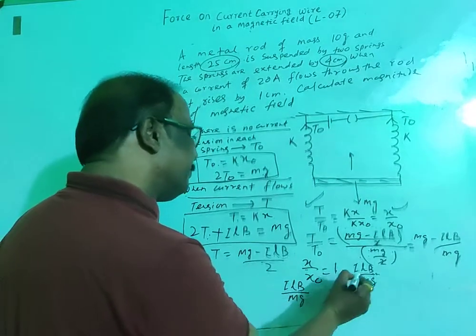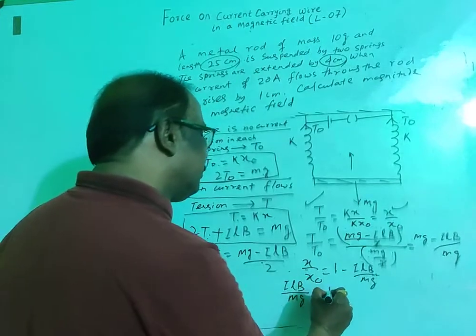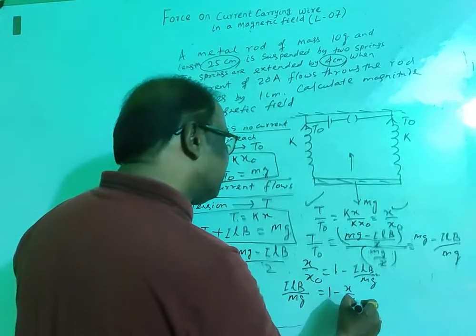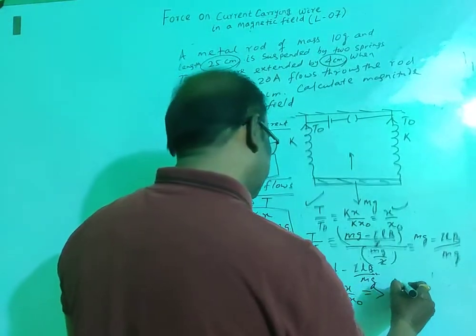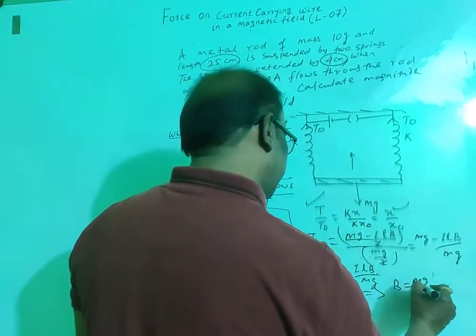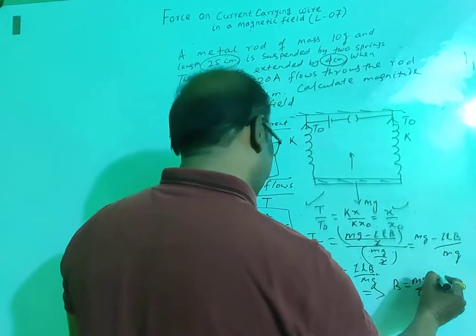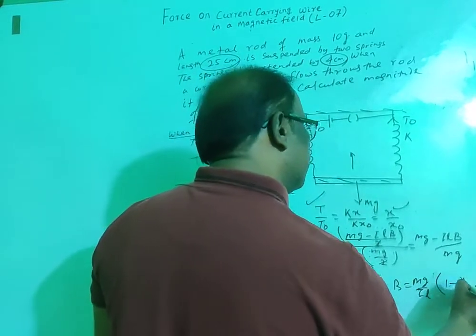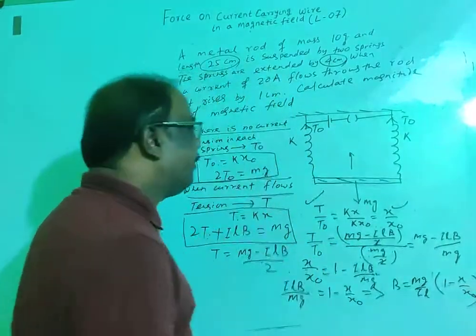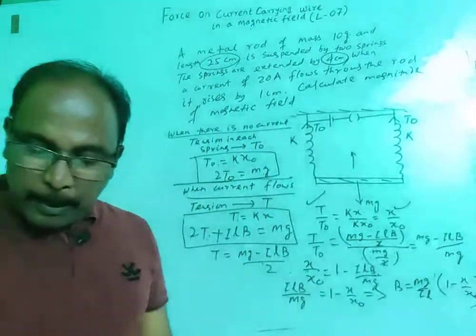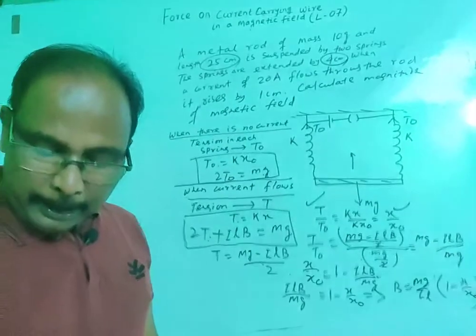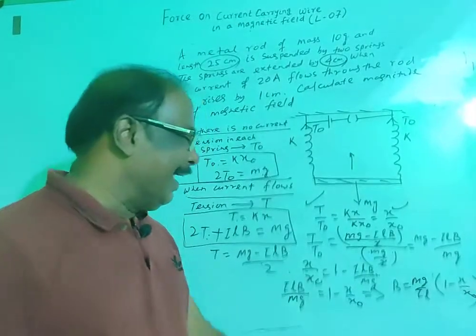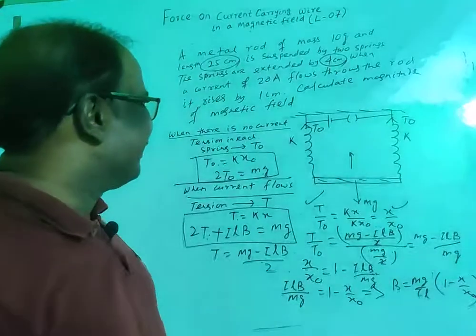ILB by mg, bring it to the left side, is equal to 1 minus x divided by x naught. This implies B is equal to mg by IL into (1 minus x by x naught). Now you solve for B. Calculate this, you will get your answer.